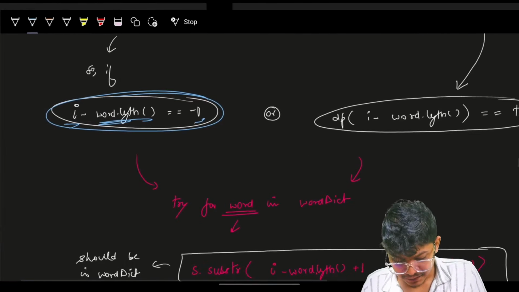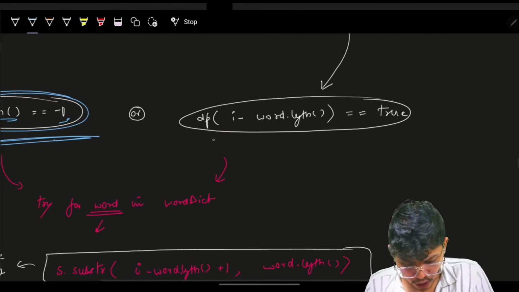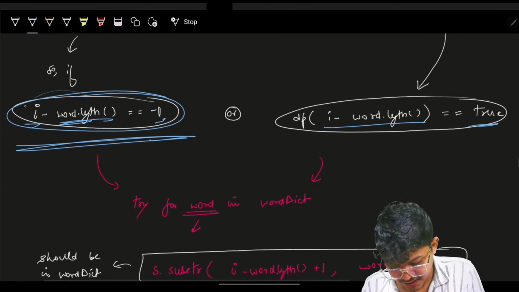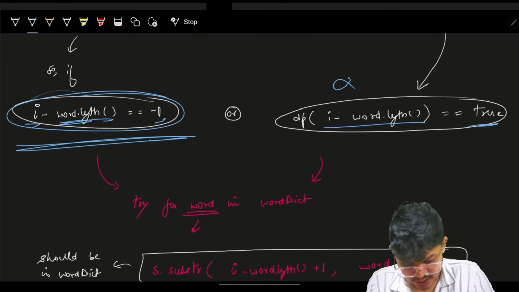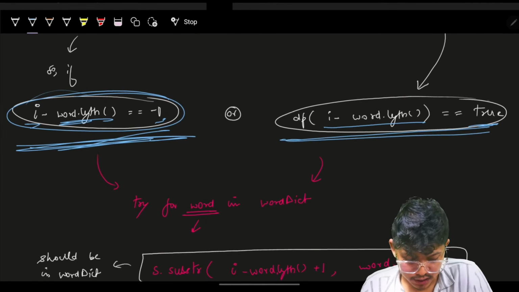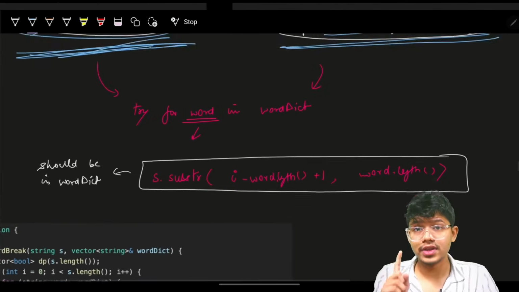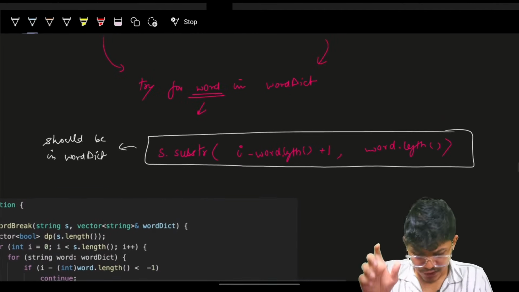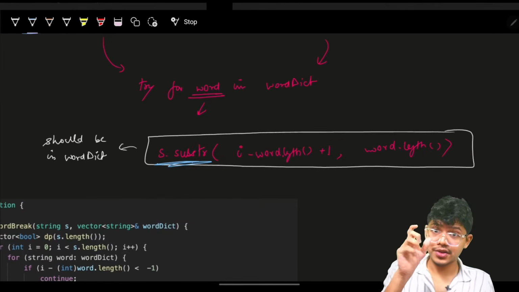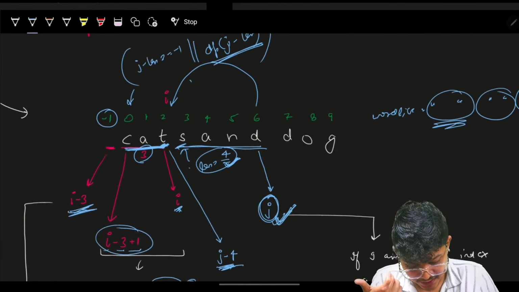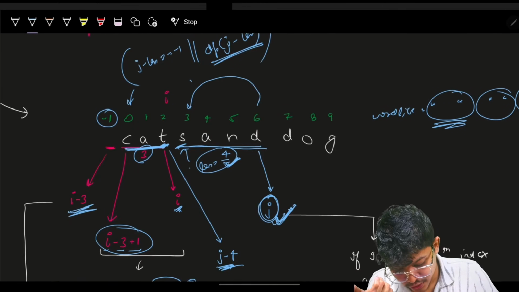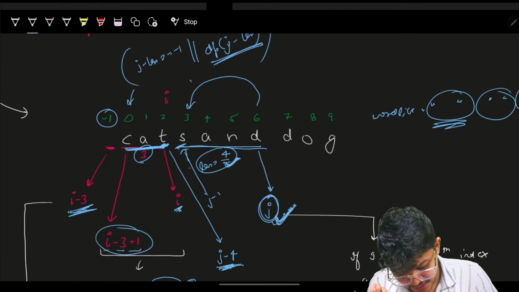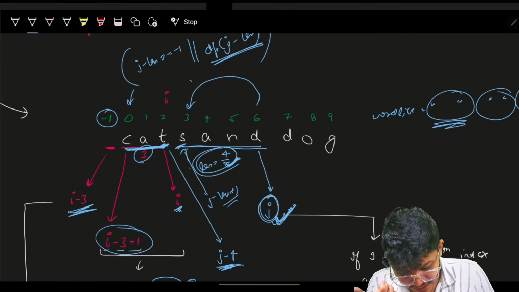The same thing: if this is negative, or dp of i minus word length is true, because if this is negative it will never go here. If this is negative or this is true, then I am good to go on and try for the next. So ultimately we saw that if I am standing at index j, I need to check the substring starting from index j minus length plus 1 with the length of length.